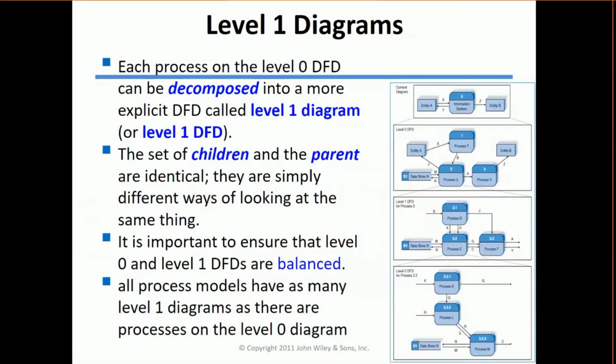The whole system, a very big system, even such a system like the whole universe, you can represent as one process. When you represent the whole big system as one process, this is called context diagram.